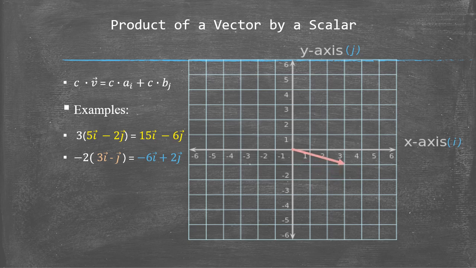So if we took the vector 3i minus j, and this one, negative 6i plus 2j, notice the blue one is twice the pink one, and the pink one is in a different direction because it got multiplied by a negative.